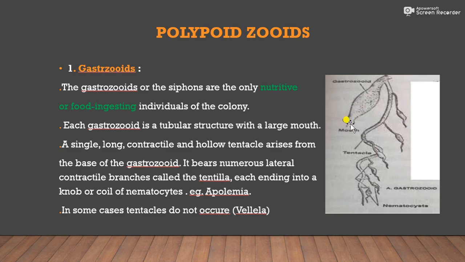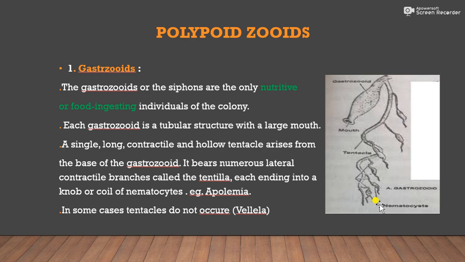A single long contractile hollow tentacle arises from the base of the gastrozooid, and it bears numerous lateral contractile branches called tentilla, each ending in a knob or coil of nematocysts. Look here.